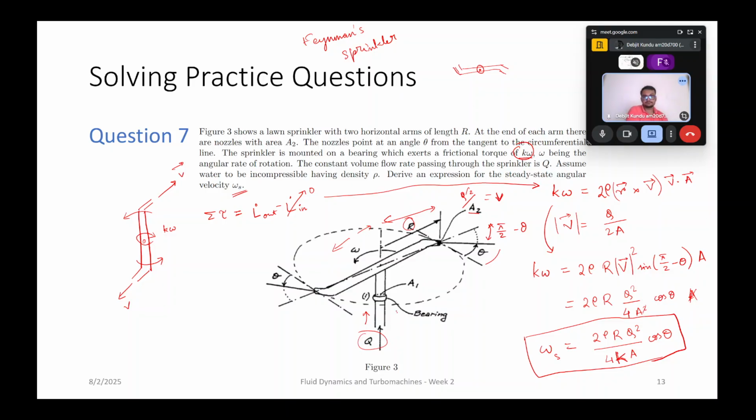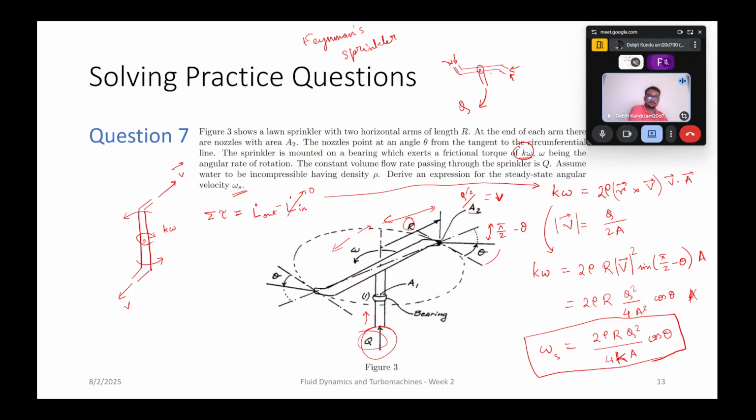And then this part, this Q, is connected to some pump which sucks out fluid right now. Earlier it was a flow going into the sprinkler. Now let's say I have some mechanism to suck out fluid from here. So in that case, fluid would rush in from the outside to inside the sprinkler, right? So intuitively, you might think that the sprinkler should rotate in the opposite direction, right?